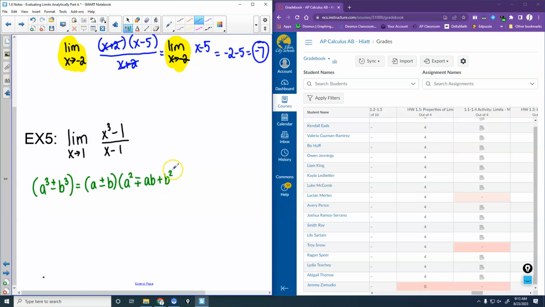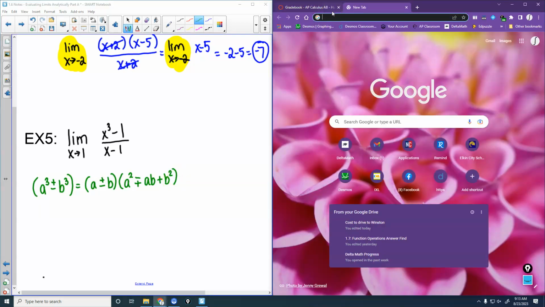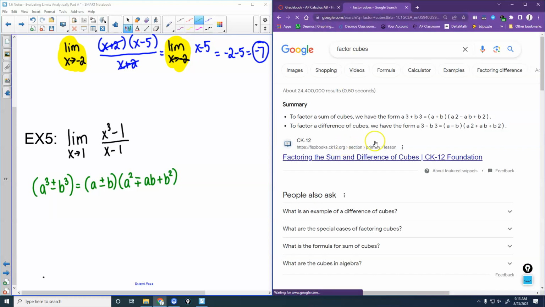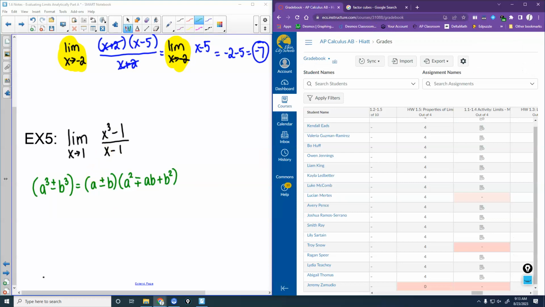B squared. Should I go look that up just to be sure? Maybe. I'm pretty sure I've got that one memorized. Yeah, I've got that right. Okay. Got it.